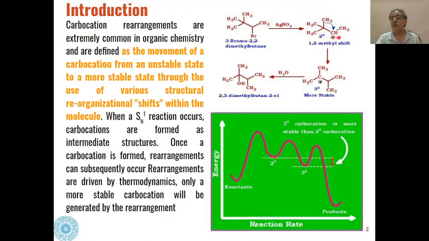For example, if we see this example, when 3-bromo-2,2-dimethylbutane reacts with silver nitrate, we get a secondary carbonium ion. And this secondary carbonium ion by a 1,2-methyl shift changes into a more stable tertiary carbonium ion. And this on reaction with a nucleophile changes into an alcohol.